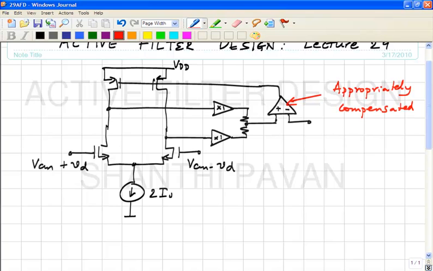And in our example, what we said was that if I break the common mode loop, say here, and yank this up by delta V, then if you didn't compensate, you basically have two integrators in the loop. One integrator from this point to this point, another integrator from this point back to here.